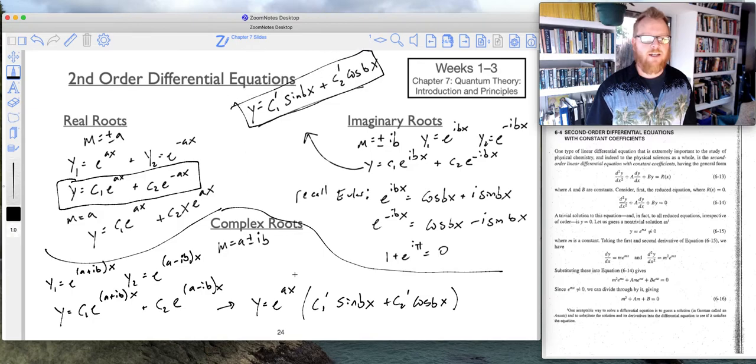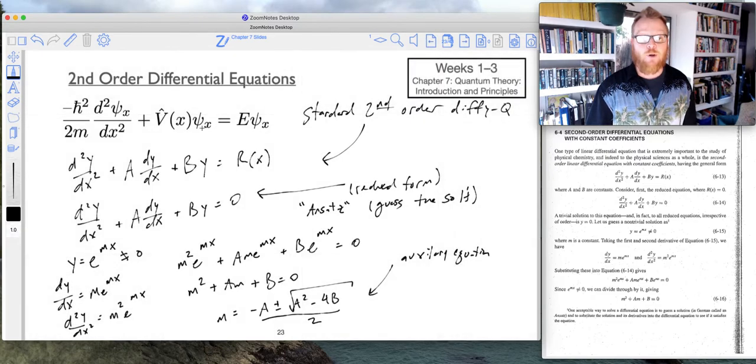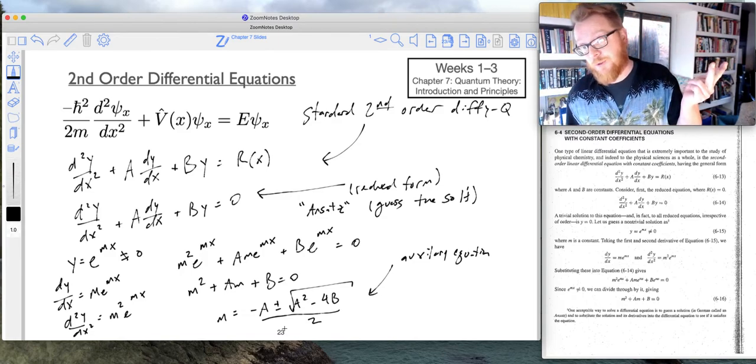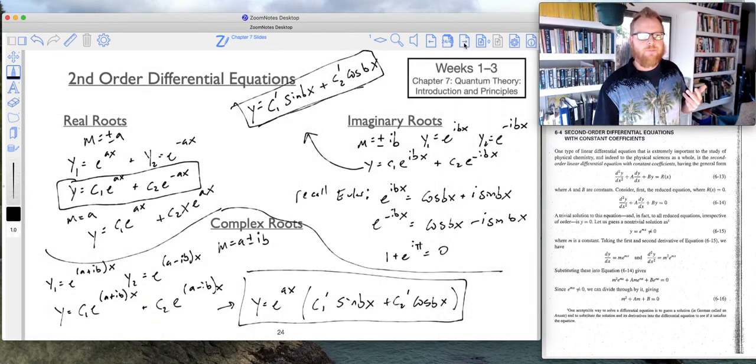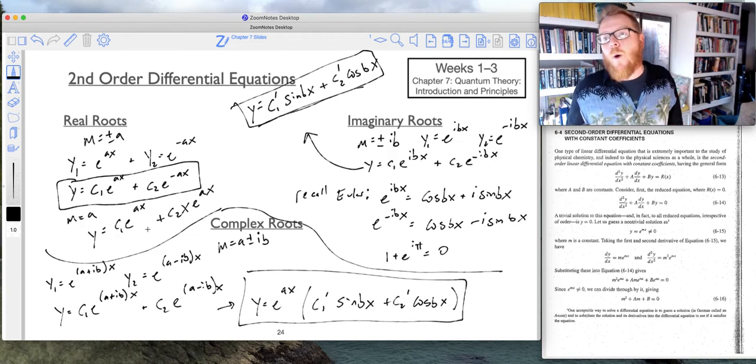I'm going to backtrack just a little bit. I'll remind you, when we get this auxiliary equation and we solve this quadratic, remember, real roots, imaginary roots, or complex roots, we've got to see what we get. If we get real roots, and the solution to that quadratic is m equals plus or minus a, just go directly to this, and it's perfectly acceptable to just write c1 and c2, because those are constants of integration that we have to determine.